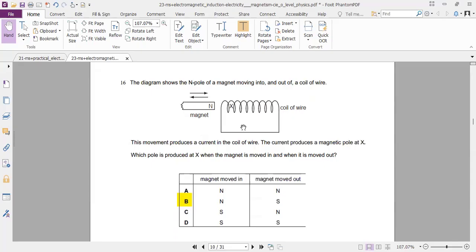The coil becomes magnetized but opposed to the magnet's pole, N. When it goes out, it will be S, because the pole on the magnet is still N, but the pole here will be S. So when it goes out, the coil wants to attract it. The coil again wants to oppose the change causing it. Lenz's law.